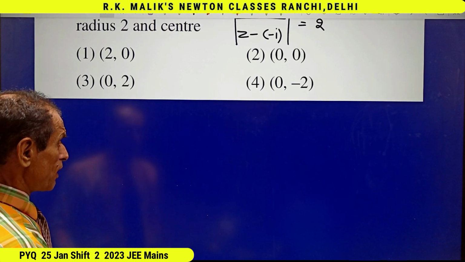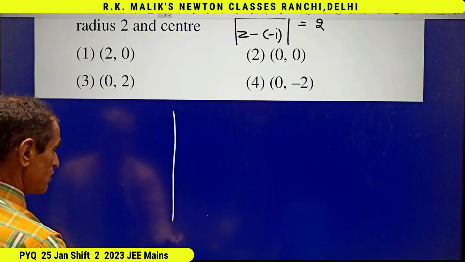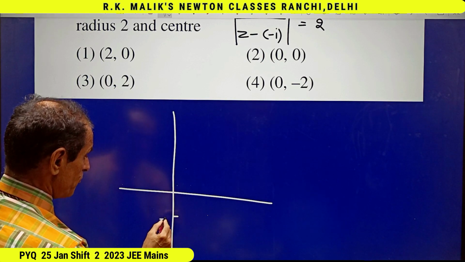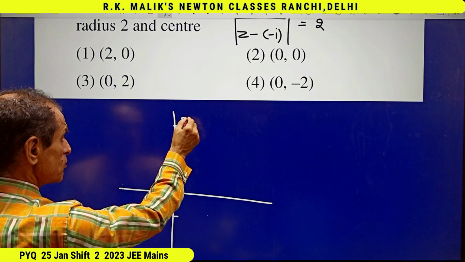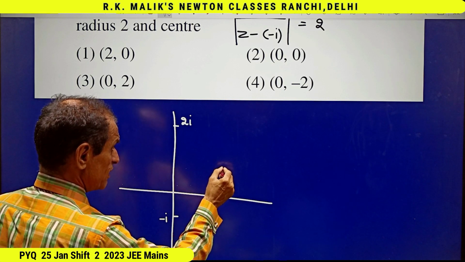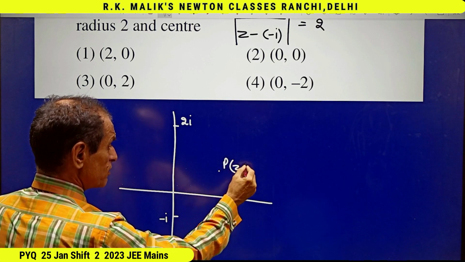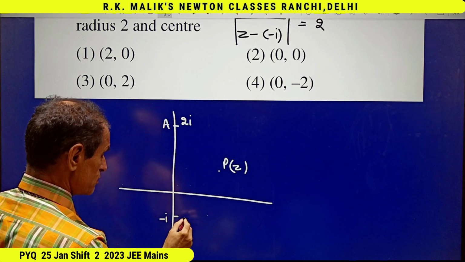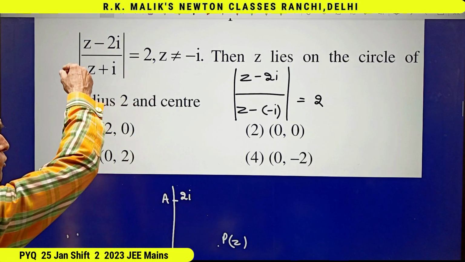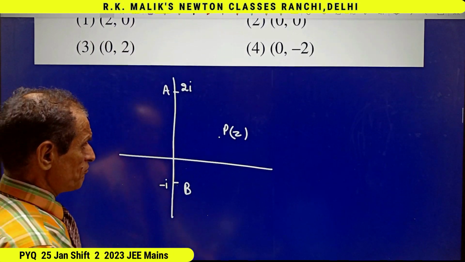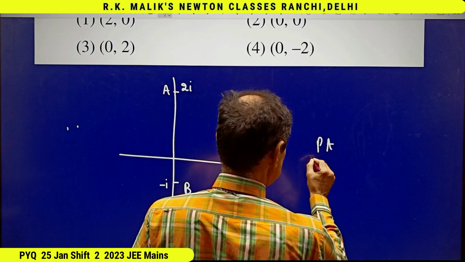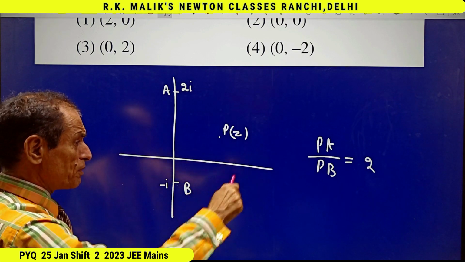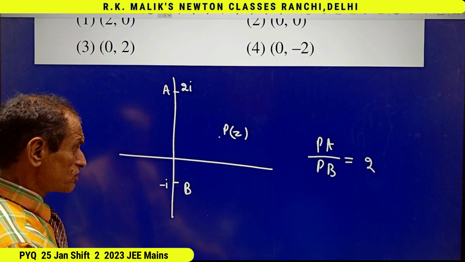And according to the concept I just now told, first I will draw a line joining minus i and 2i, and z is a variable point and the name of that point is P, and suppose this is A and this is B. According to this condition, PA upon PB is 2, that is PA upon PB is not equal to 1, that is the ratio is constant.